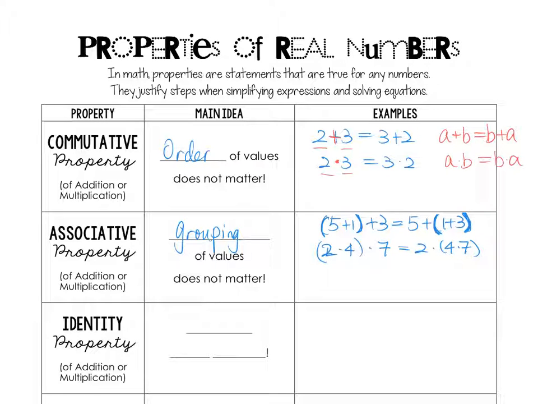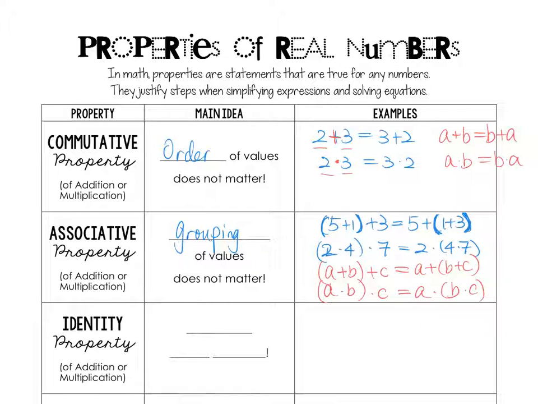If I use letters to represent it, it's the same: A plus B, then plus a third letter C, is the same as A plus the quantity B plus C. And for multiplication, A times B first, times C, is the same as multiplying B and C together first and then multiplying by A.